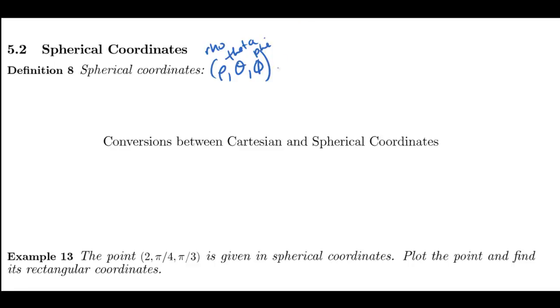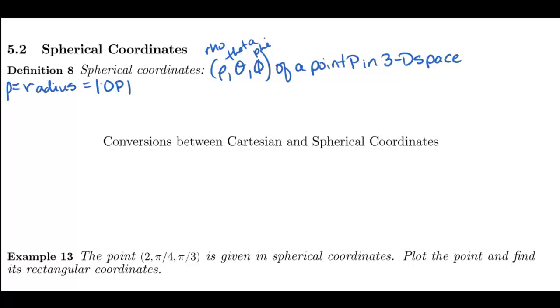These coordinates of a point P in three-dimensional space are given such that rho, the Greek letter R, is the radius, which would be the distance from O to P. It's written this way, kind of as the absolute value, because absolute value tells you your distance from the origin to a point.